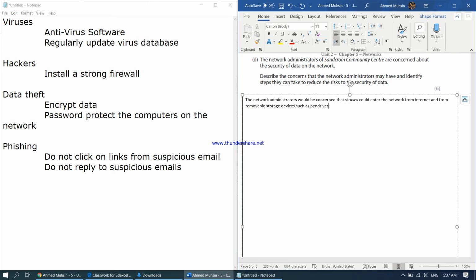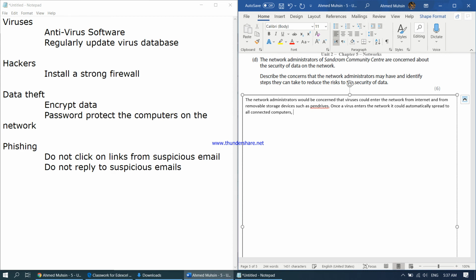Once a virus enters the network, it could automatically spread to all connected computers.